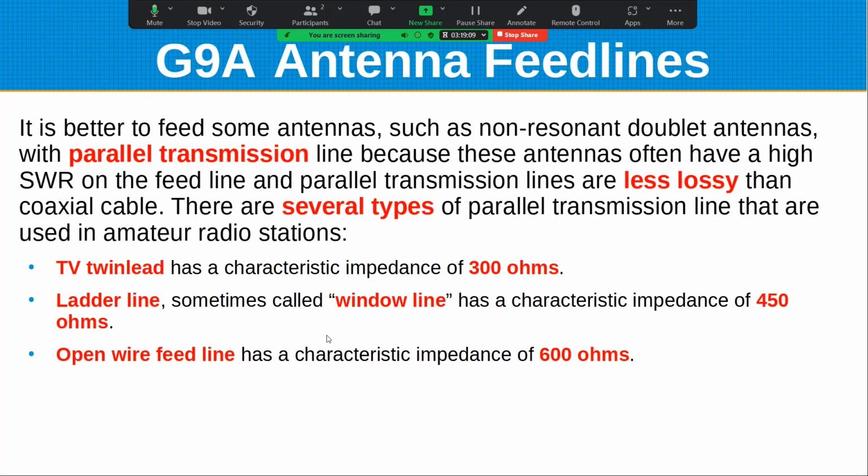And then the open wire feed line, which is also kind of called ladder line, is 600 ohms. That's the one that's about 6 inches apart. And you can make your own. Places like Tractor Supply that sell electric fence insulators have one type that's about 6 inches long, plastic, and you can use those as separators and make your own with just regular THHN stranded wire.